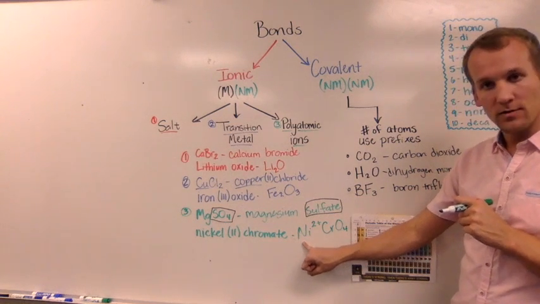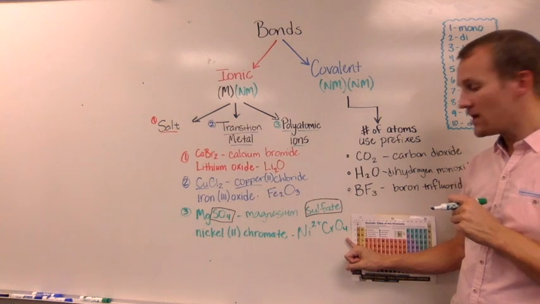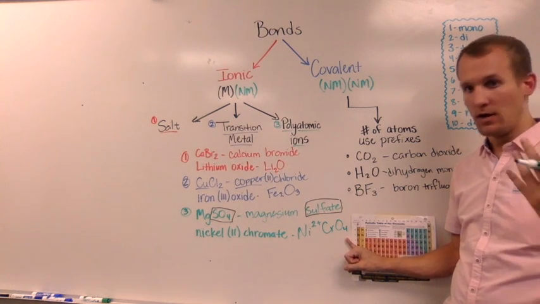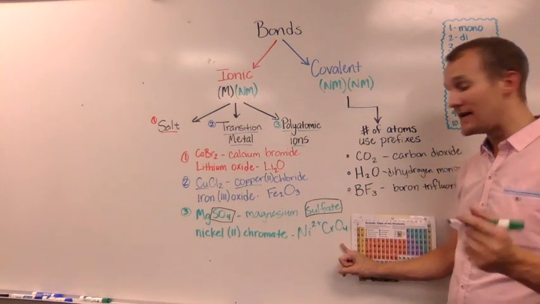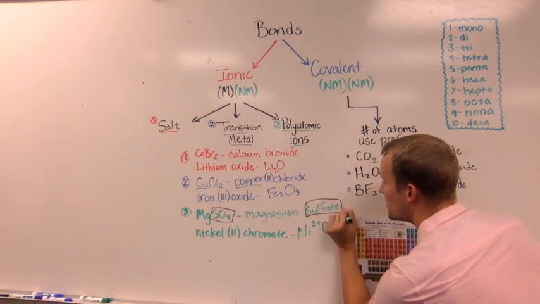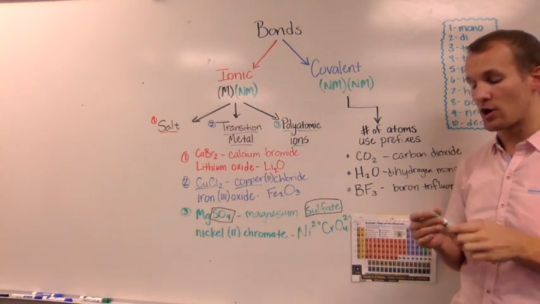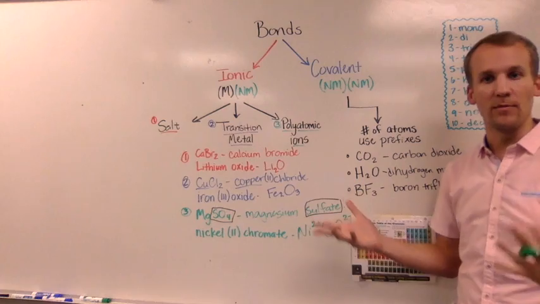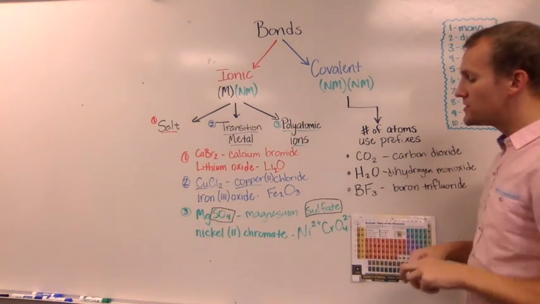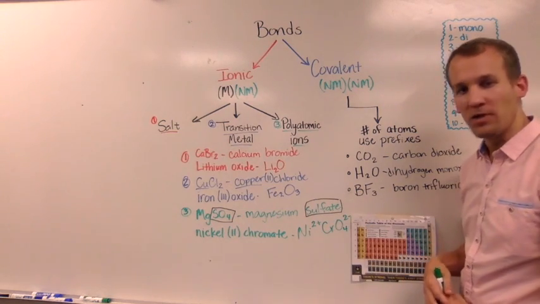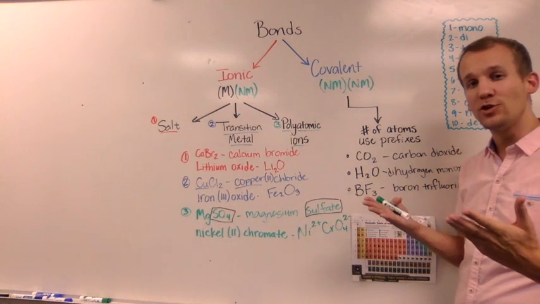So nickel with a +2 charge, and chromate with a, what charge does it have? Well, easy for us, in this case, chromate is always going to have a 2- charge, which again, you can find out from looking it up at this point because we're still in this practice phase. So if nickel has a charge of 2+ and chromate has a charge of 2-, how many of each do we need?